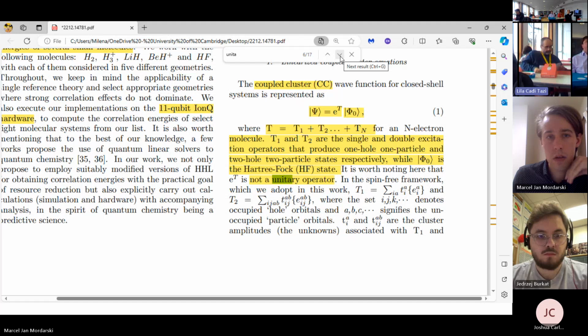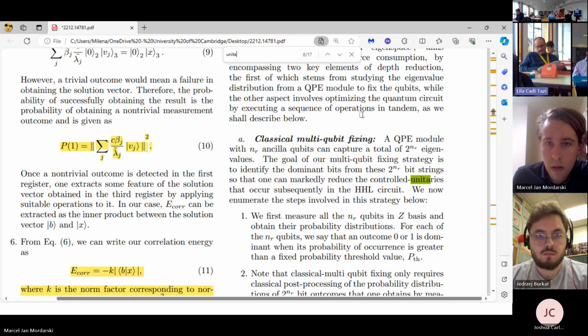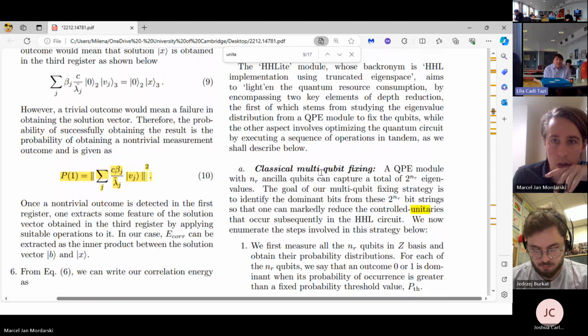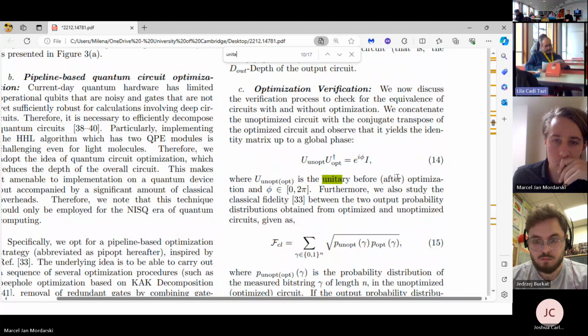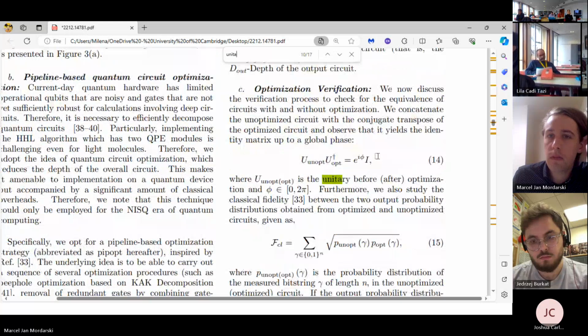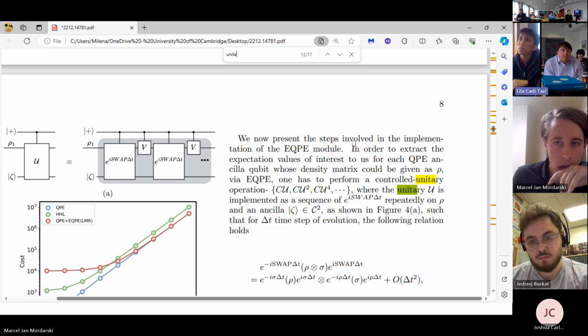The dimensions. Controlled unitary? Okay, never mind. You mentioned something about Hermitian, right? So they take linear combinations of the excited states. Interesting. Verification. Okay.